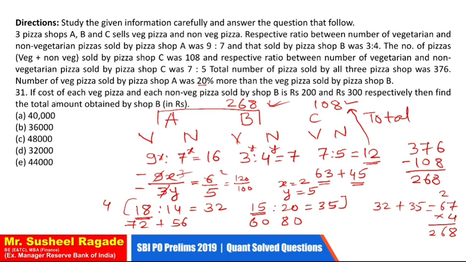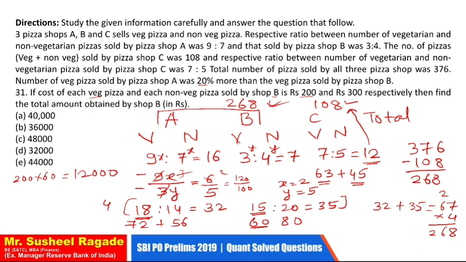Now we have written all the numbers, so let us see the question. The cost of each veg pizza and each non-veg pizza sold by shop B: the price of this veg pizza is 200, so 200 into 60 is 12,000.